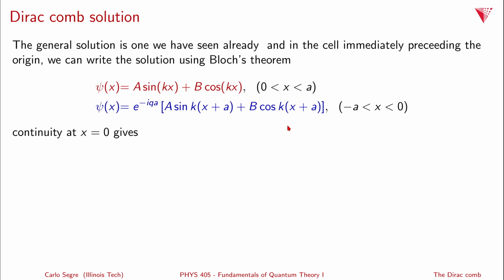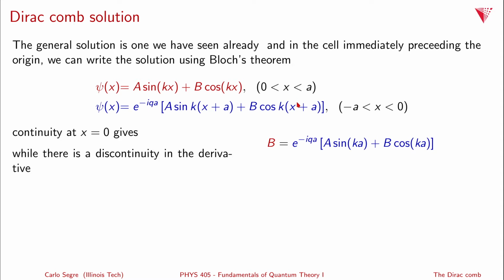So we can apply the continuity condition at x equals 0, which says that since the sine goes away, you're going to get B is equal to e to the minus iqa times A sine of ka plus B cosine of ka. So you have both terms in the cell just below 0. And you also have a discontinuity in the derivative.